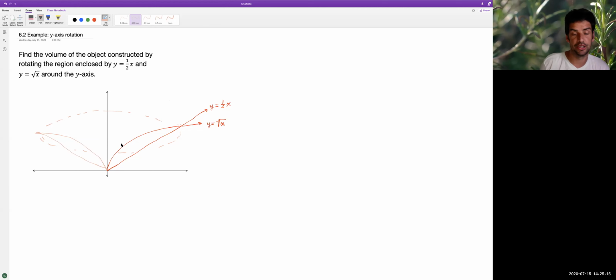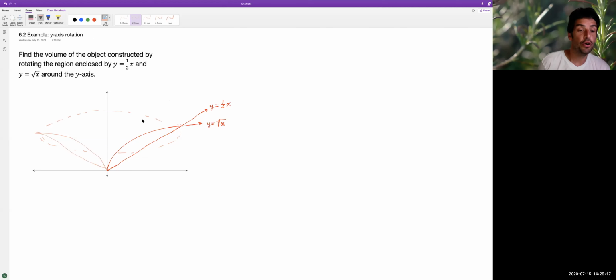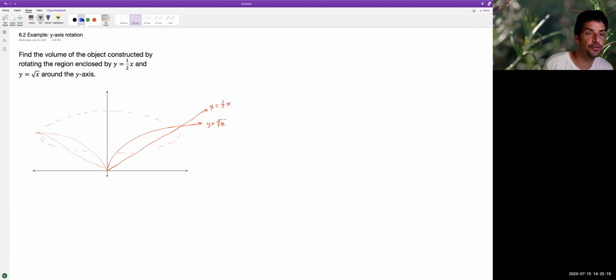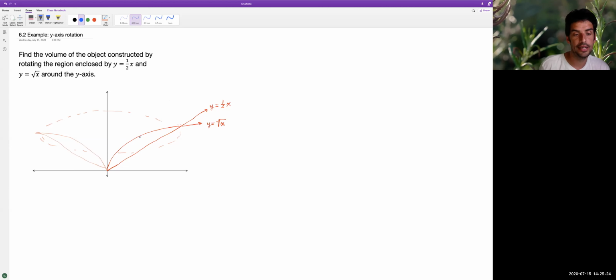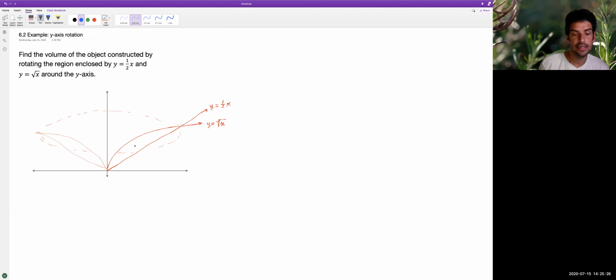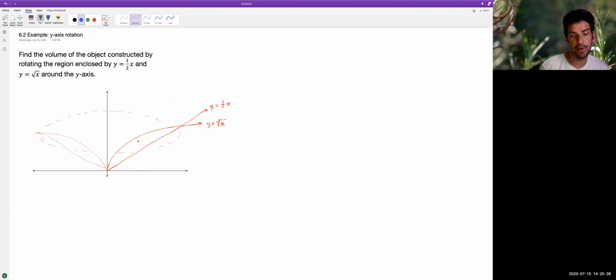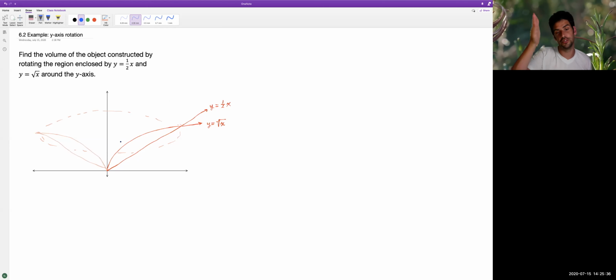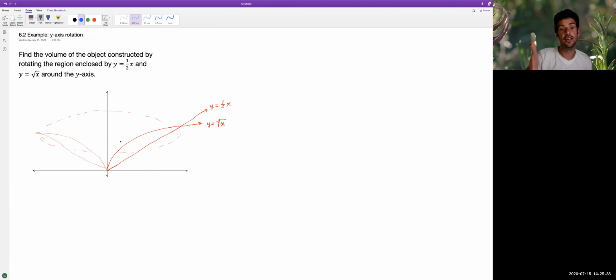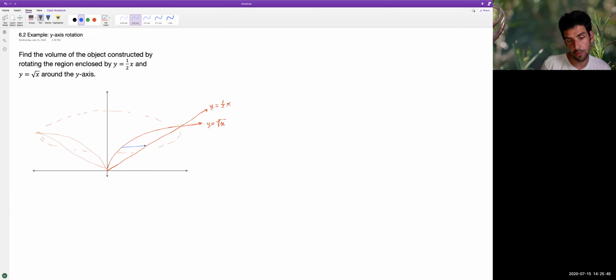All right, so there's our picture, right? So this is different than other ones we've seen in the following way. If I slice this up, what we've done in the past is slice things up in the x direction because they've been rotating around the x-axis. And when we slice in the x direction, or make a vertical slice, I should say, we get these circular faces. But to get a circular face, I would need to, in this case, slice in the y direction.